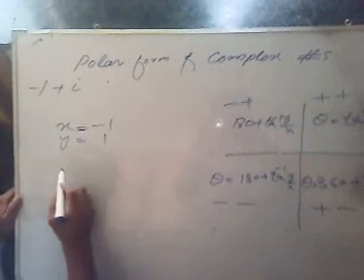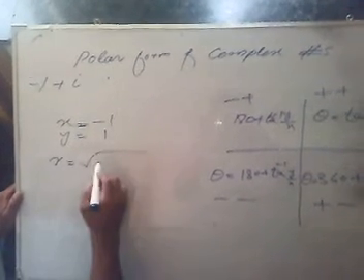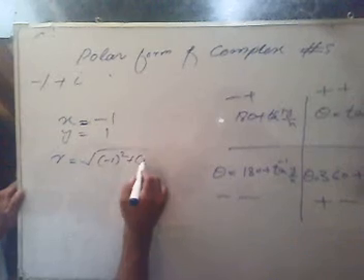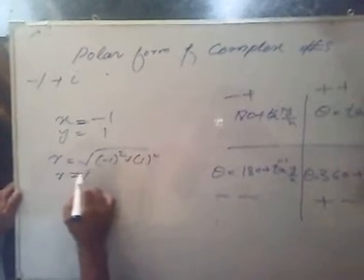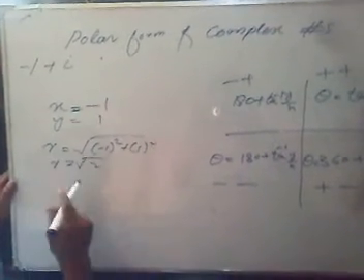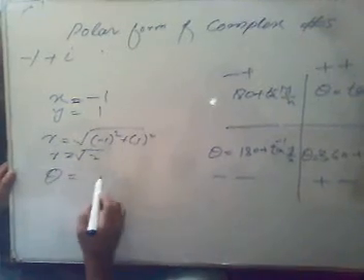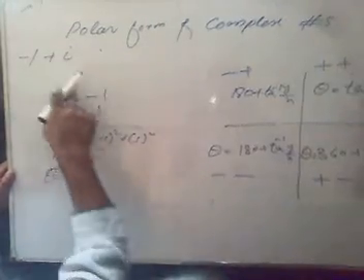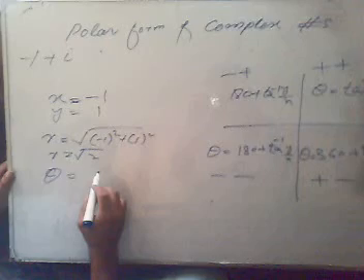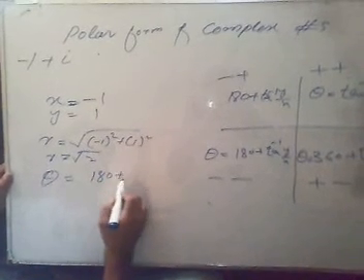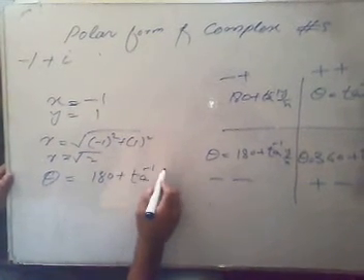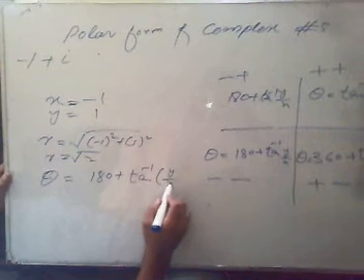So r is again the square root of minus 1 squared plus 1 squared, so it will be again under root 2. Now theta lies in the second quadrant, so theta will be 180 plus tangent inverse of y by x.